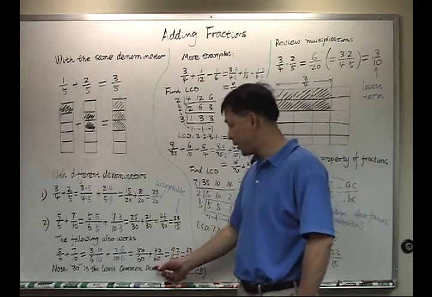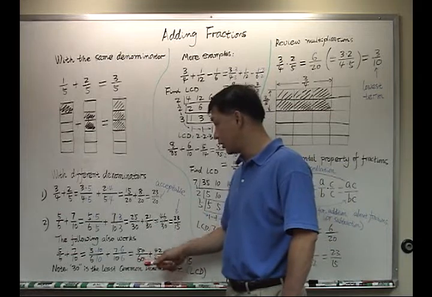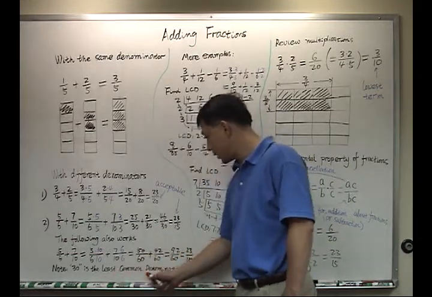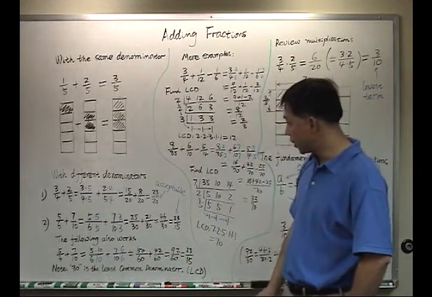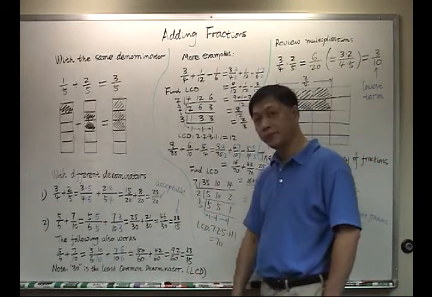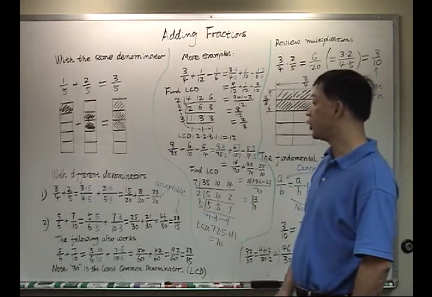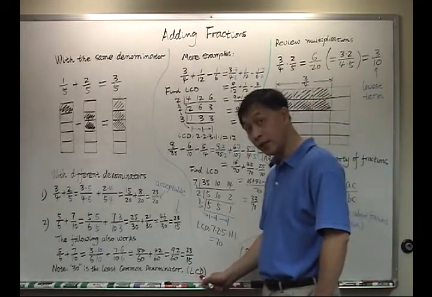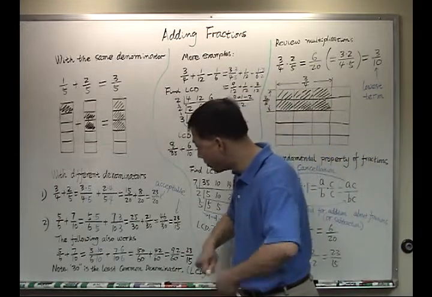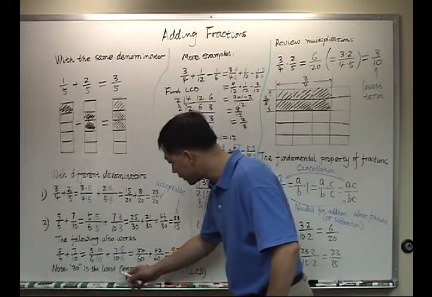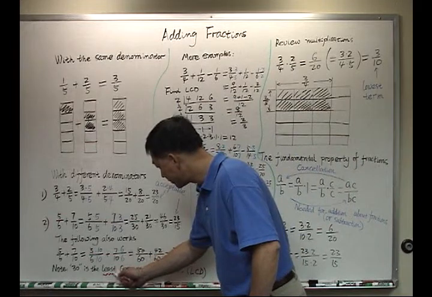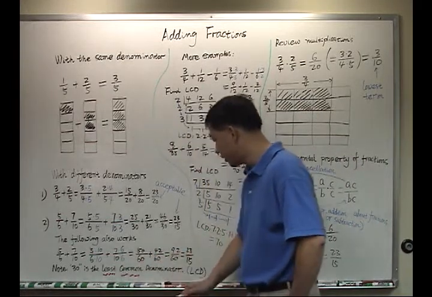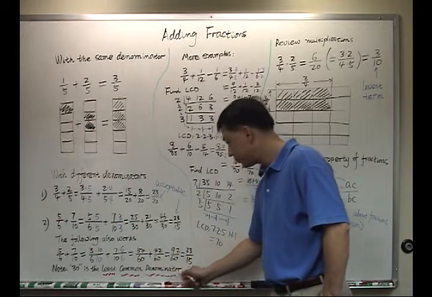But 120 is bigger than 60, is also bigger than 30. 30 is the least common denominator, which is called LCD. So when you do addition or subtractions, you need to find LCD, least common denominator. Okay? Least, smallest, common, the same denominator.